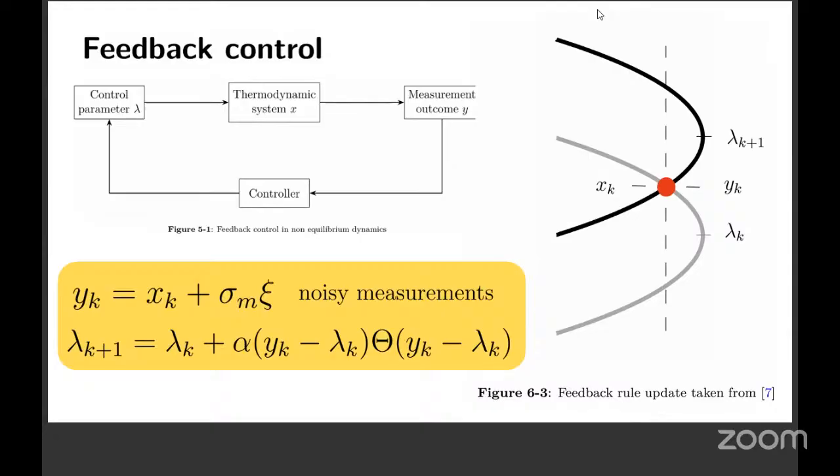But we will see that there is no such thing as a free lunch because that extraction has a limit, and it has to do with the information that I obtained from the measurements. Okay? This is the case of perfect measurements, but I have noisy measurements.